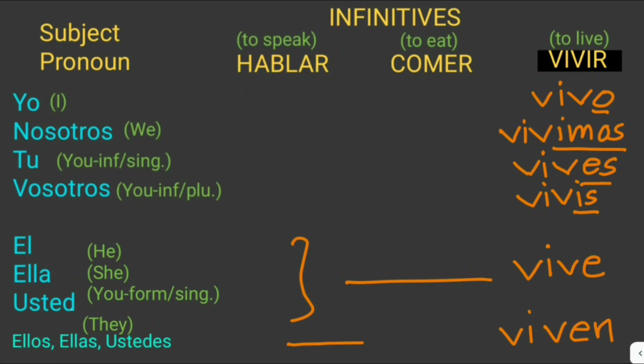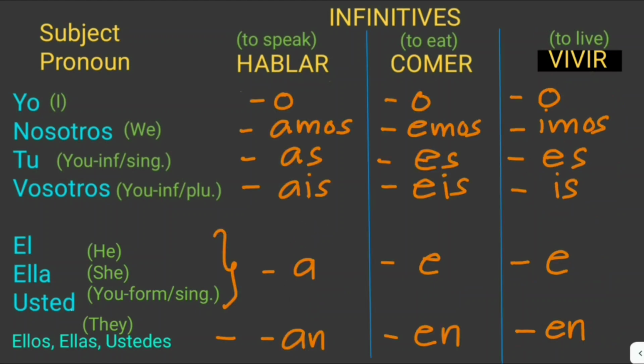You take note, it depends on the subject pronouns that you use in the sentence. Let's take note that for those regular verbs that end in ar, the ar will be changed to o, amos, as, áis, a, an.